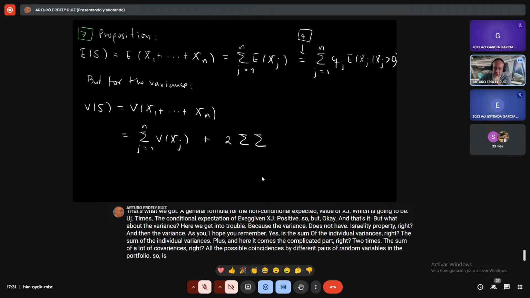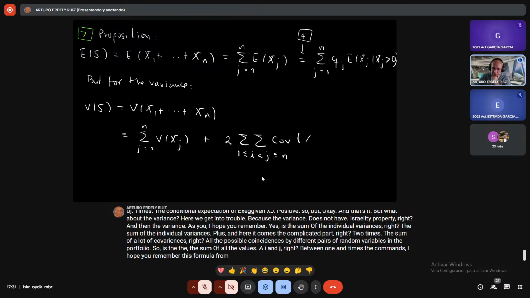So it's the sum over all the values i and j between 1 and n, times the covariance. I hope you remember these formulas from your statistics courses. Okay.